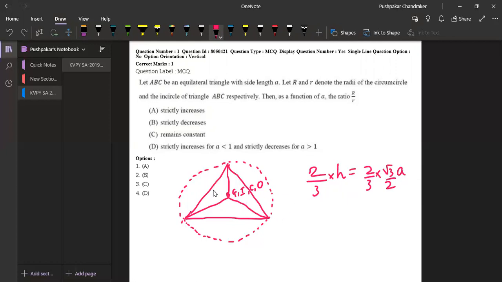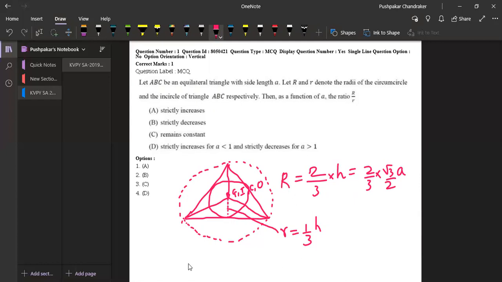Now what about the inradius? The inradius is the radius of the circle which touches all 3 sides. If you draw it, it will come something like this. Definitely the radius of that circle is this part. So this small r is nothing but 1/3 of the height. So we got here capital R, the circumradius, and we got small r.